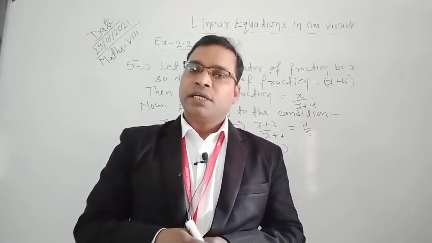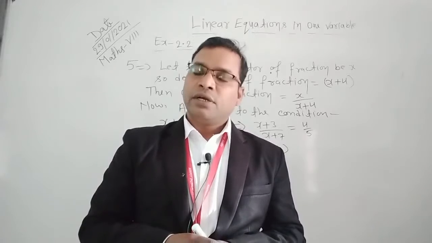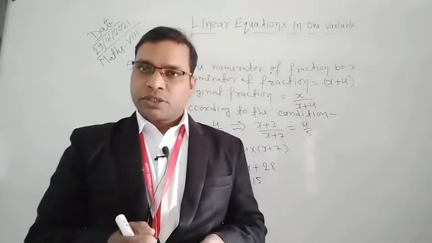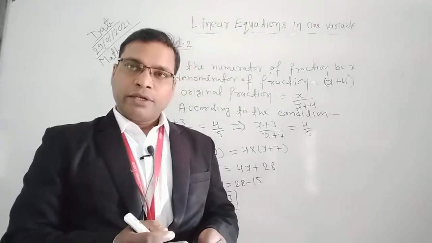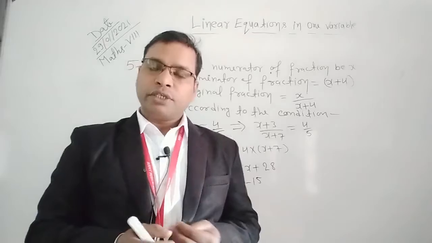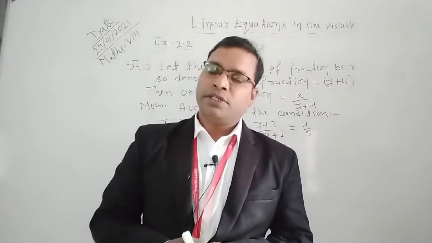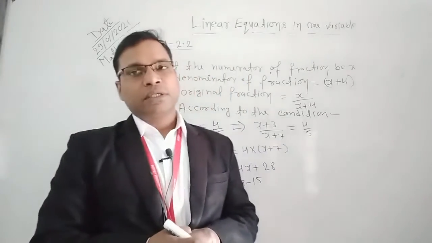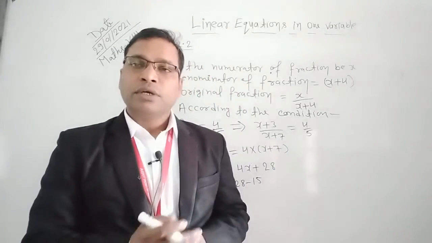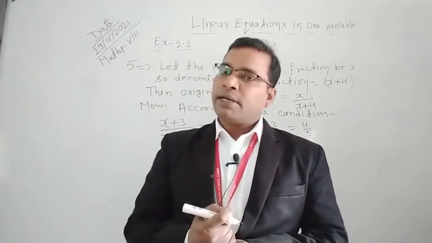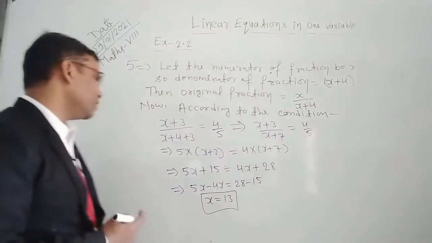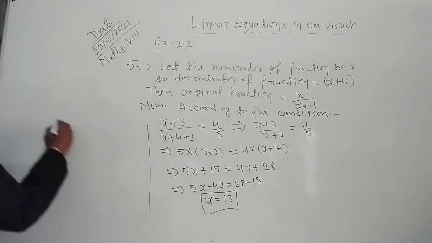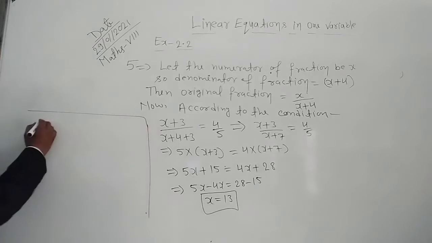It means that the numerator is 13. And what is the denominator? Denominator is x plus 4, so this is equal to 13 plus 4, which is equal to 17. Denominator is 17. So what is our original fraction? Original fraction is equal to 13 by 17. So let's see, here you can write the numerator of the fraction.